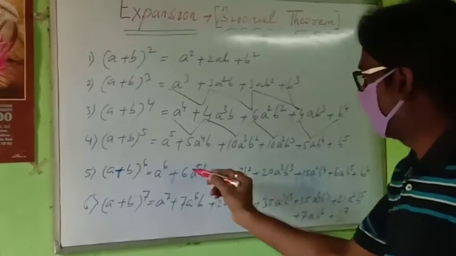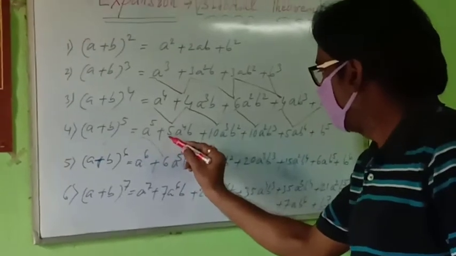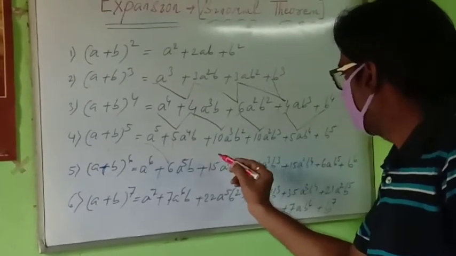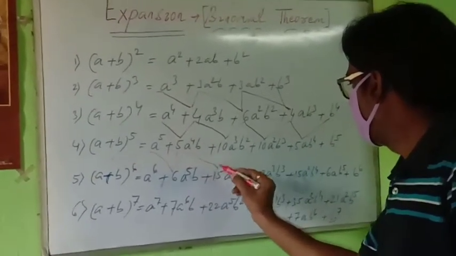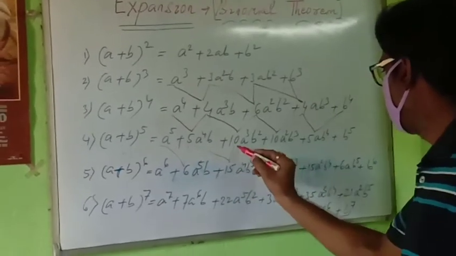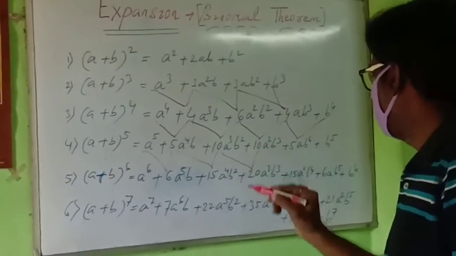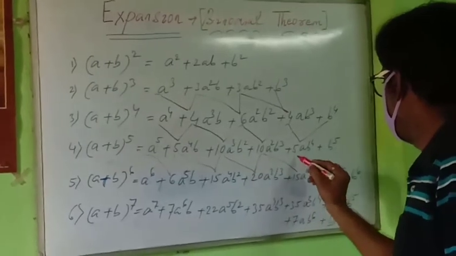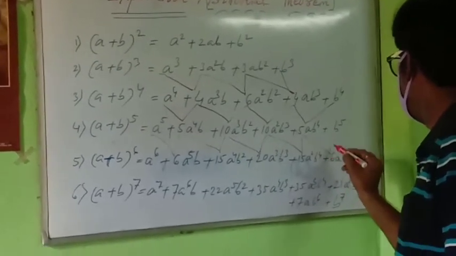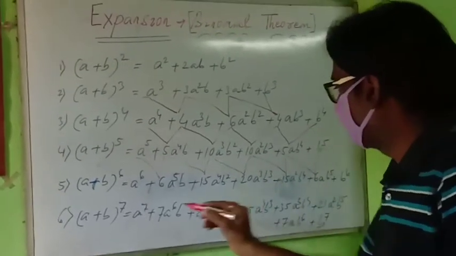How to get the coefficient? Here 1, here 5, 6 coming. Next it will be 5 plus 10, 15, then 10 plus 10, 20, then 10 plus 5, then 5 plus 1. Last one will be like that.